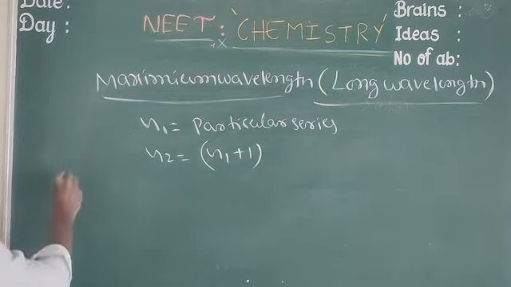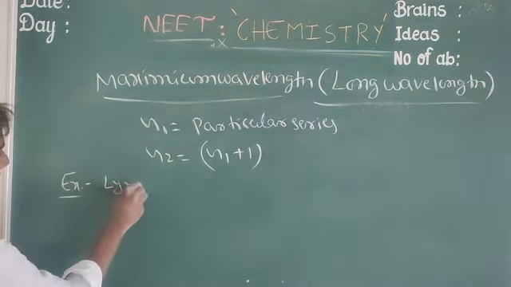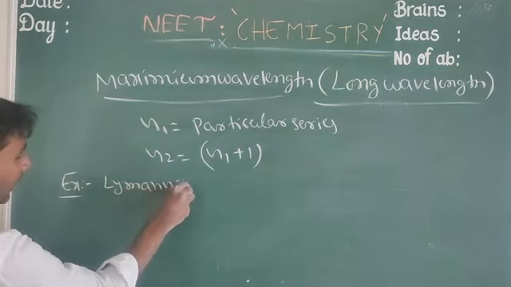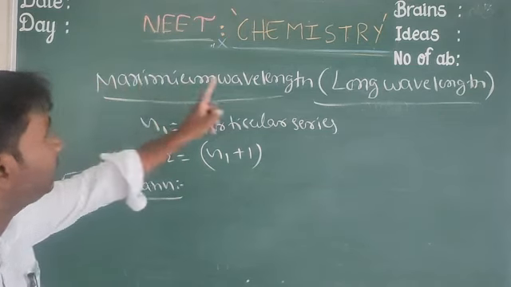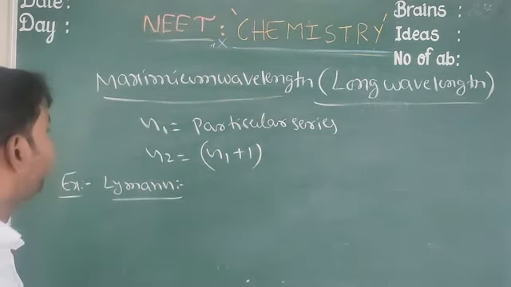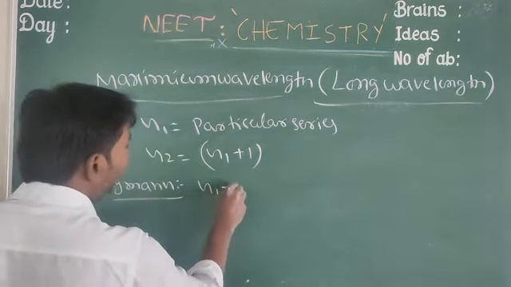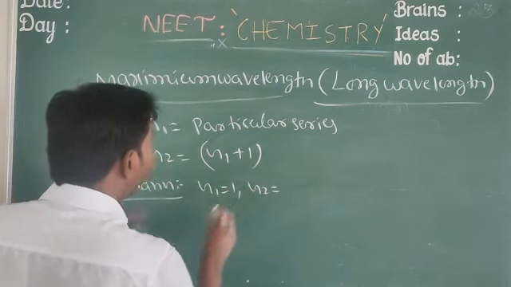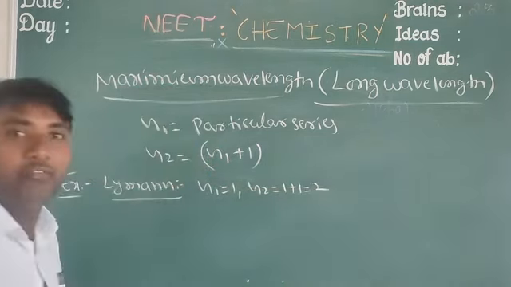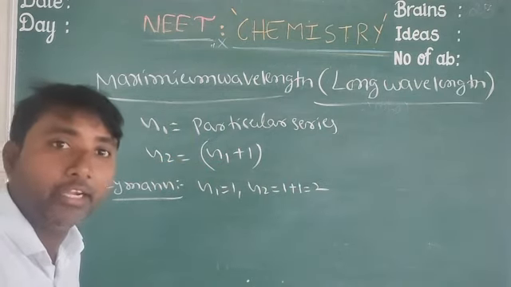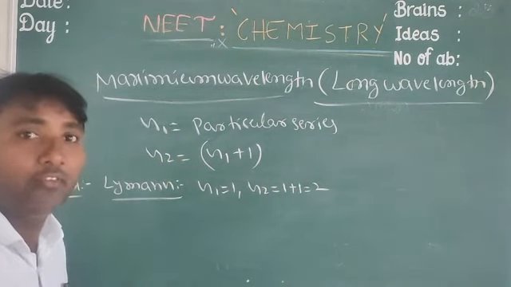For example, Lyman. Suppose they give maximum wavelength or long wavelength for the Lyman series. N1 equals 1, N2 equals N1 plus 1, 1 plus 1 equals 2. If they give long wavelength, indirectly they are asking this; they are not giving values.